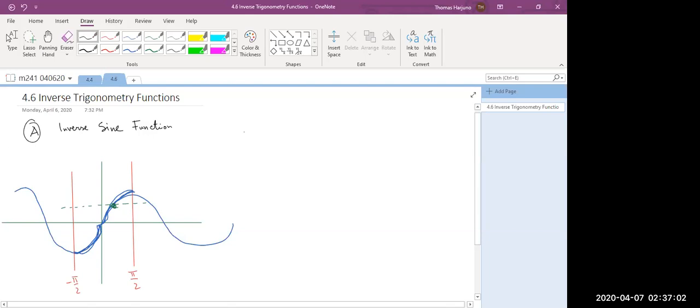So here's what happened. If y equals sine x has domain of real numbers, we will restrict the domain to negative pi over 2 up to pi over 2.